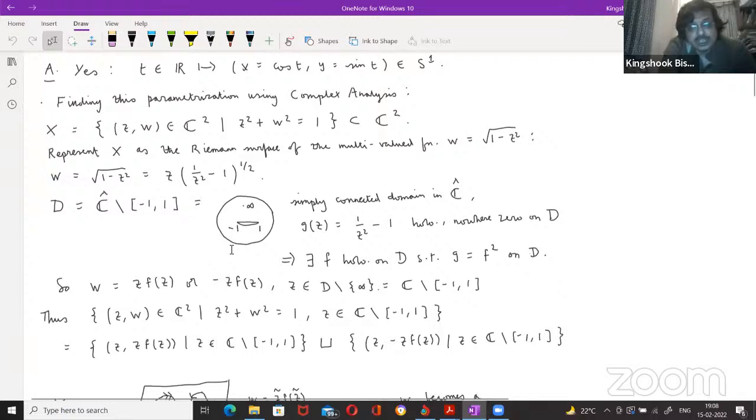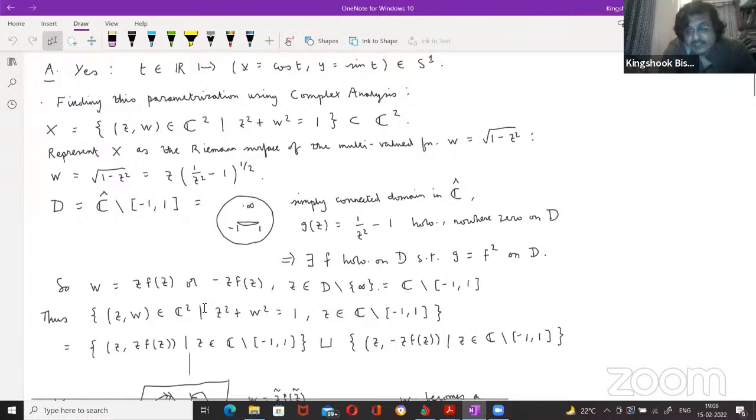Okay. So now if I look at points in my algebraic curve ZW, where z belongs to the domain D minus the point at infinity, which is the same as the complex plane minus the interval -1 to 1, then W must be either, there are two possibilities for the square root. So W is z times the square root of this function g, which is f. So W is either z times f of z or minus z times f of z.